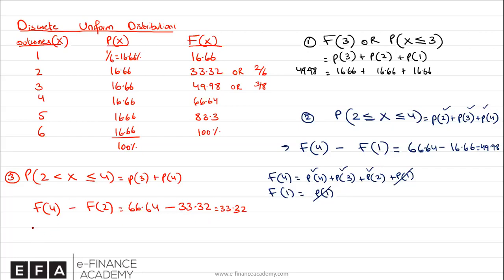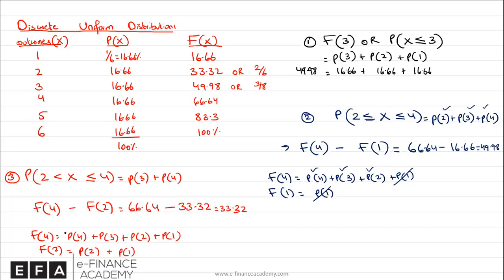Put it this way, here's what we are saying. F4 is equal to P4 plus P3 plus P2 plus P1, while F2 is equal to P2 plus P1.